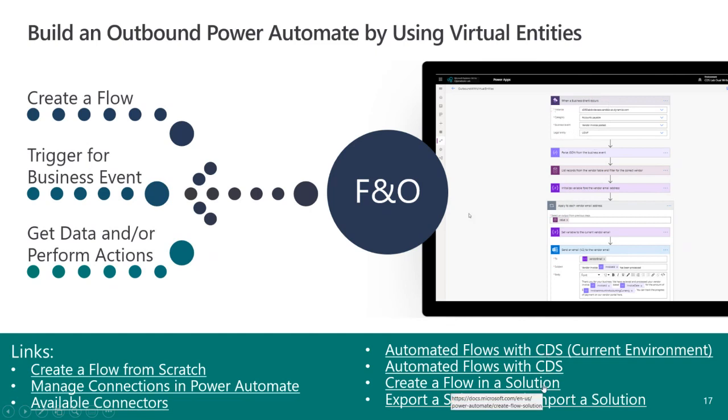Then the additional steps that you put in here can be really anything you want. In my example, it might be a little bit hard to see, but I parsed the JSON, which is pretty typical, so that you can get all the values that were passed from that business event out. Then in my case, I needed to look up the record to get some additional fields from that CDS entity.